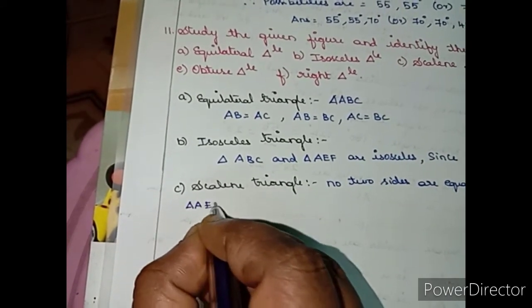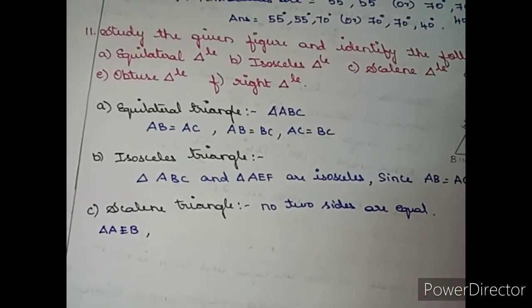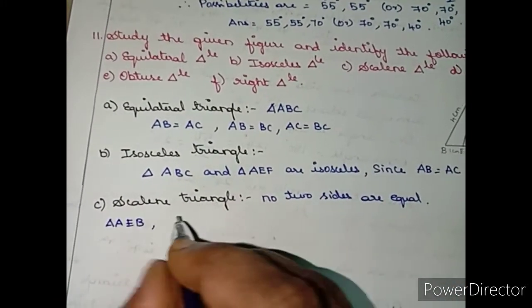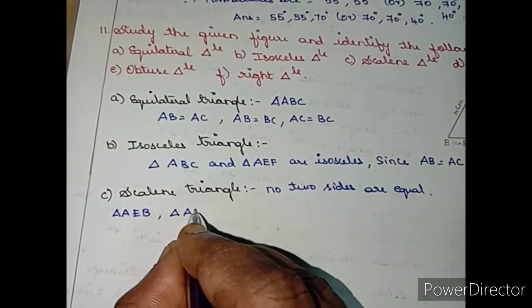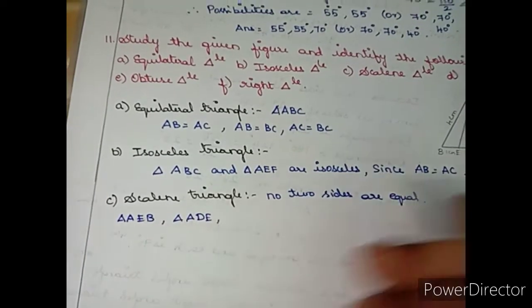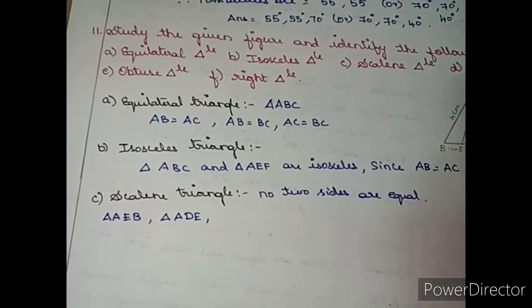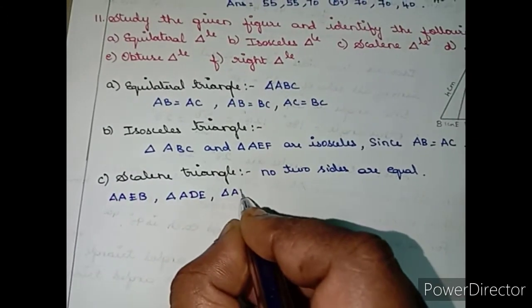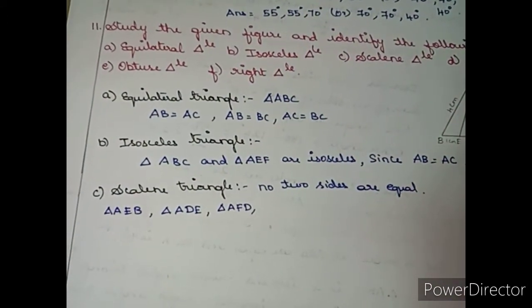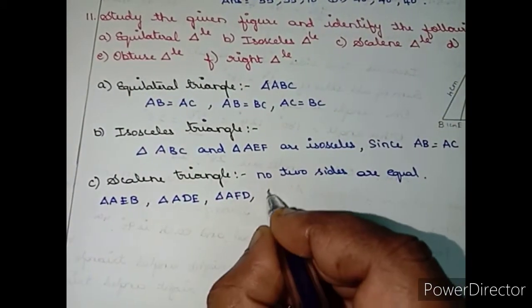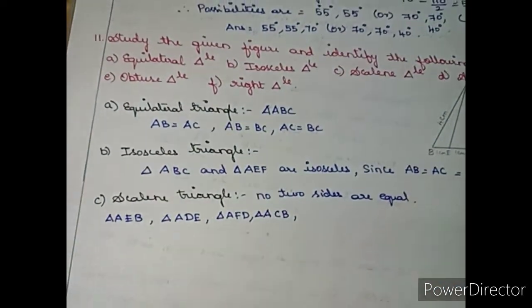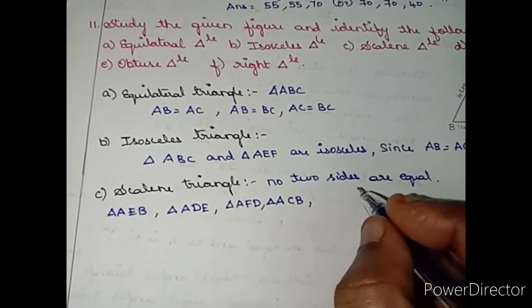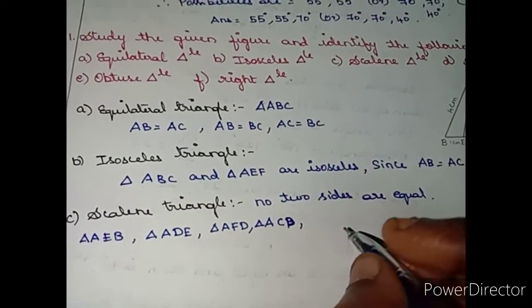Triangle AEB. So, this is a triangle. Then, triangle ADE. Then AFD. Then ACB. Then, likewise we have to find the other triangles.